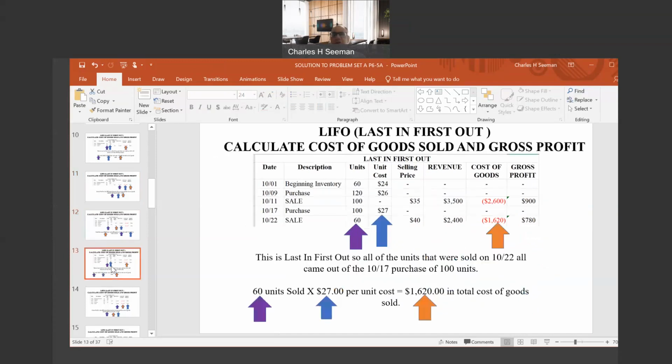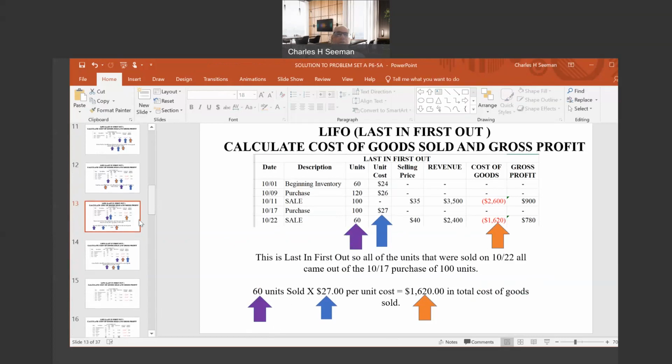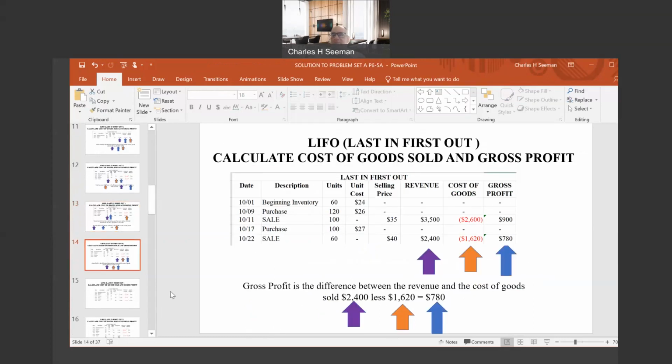Those 60 units all came out of the $27, the 100 units that we purchased on 10/17. So 60 times 27 is 1,620. And then to get the gross profit, we simply subtract the cost from the revenue to get the 780.